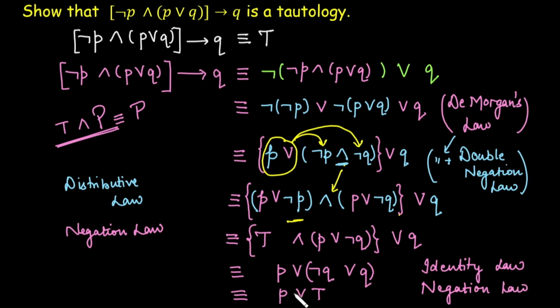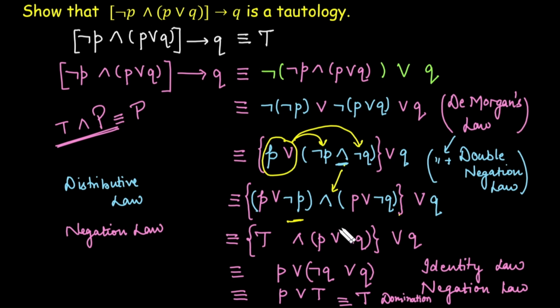Now P or true statement. This is always logically equivalent to true because if P is true, the answer is true. If P is false, still the answer is true. And here we have used the domination law, because the true statement dominates the value of the original statement P, and hence the proof is there.